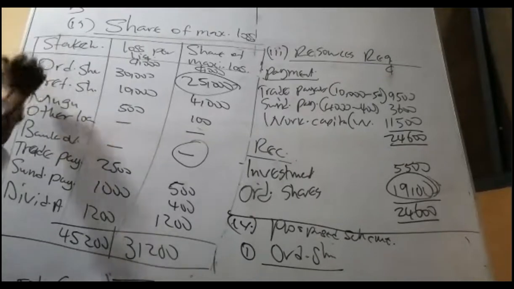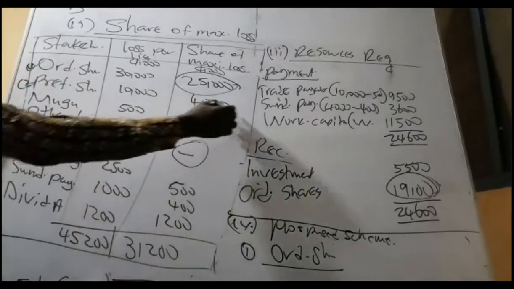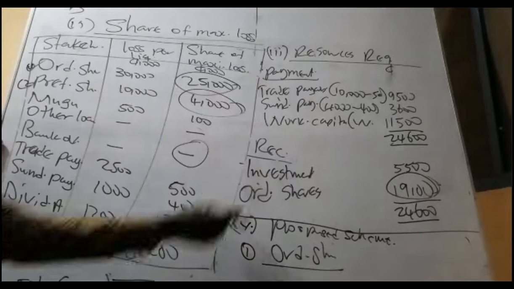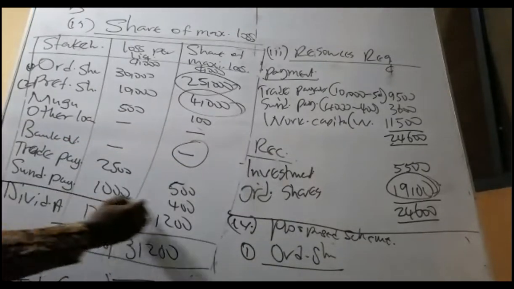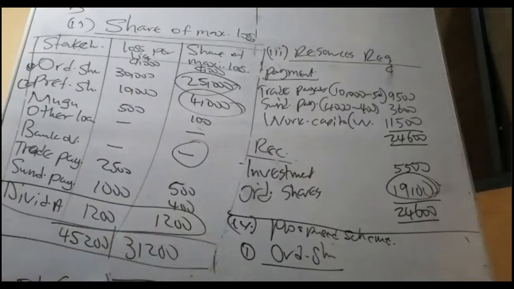Number 2, preference shareholders. They are losing what? 4,000. Are they bringing money? No, they are not bringing money. There's another preference dividend in arrears. That's all. So number 2, preference shareholders. So like how we've stated it here nicely.